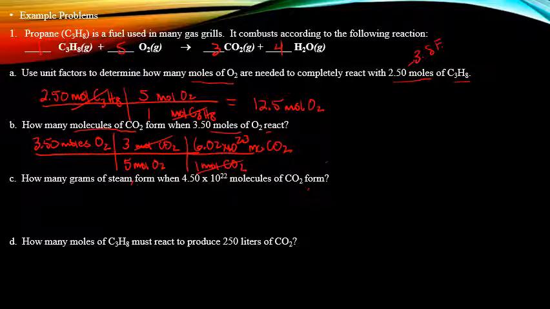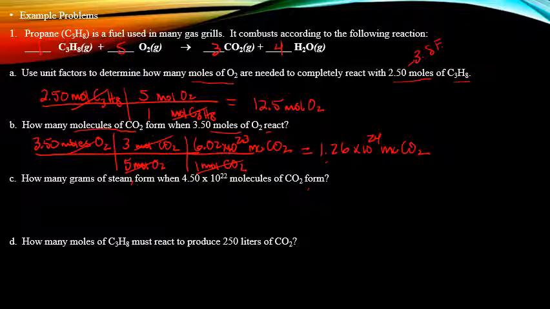My moles of CO2 would cancel, my moles of O2 would cancel, and I'm ready to solve. And when we plug our numbers in, we end up with 1.26 times 10 to the 24th molecules of CO2.